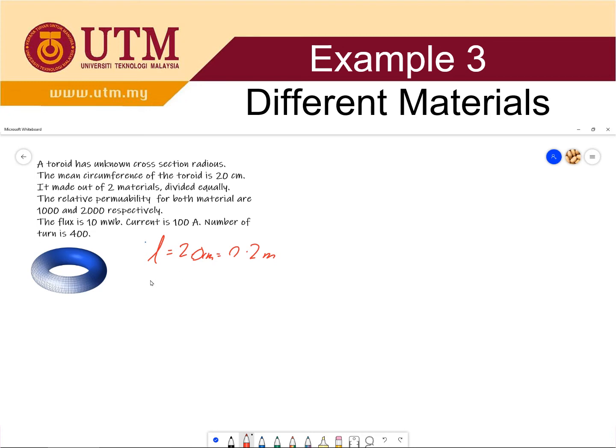The area is pi r squared, but the radius is unknown, so we don't know. It is made of two materials divided equally, which means that half of it is one material and half of it is another material. This one is a different material, this one is a different material.